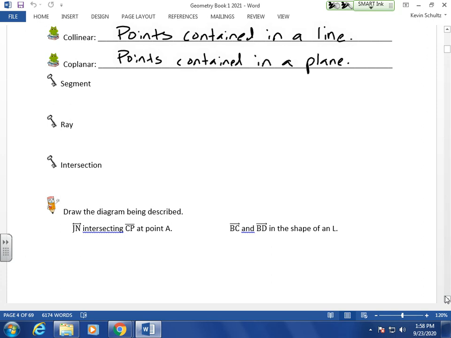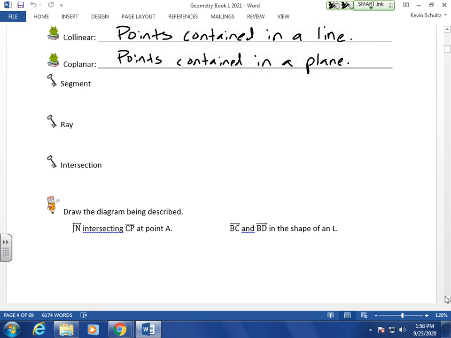Okay, points contained in a plane. Does contain mean the same thing as make up? Within or make up, yeah.